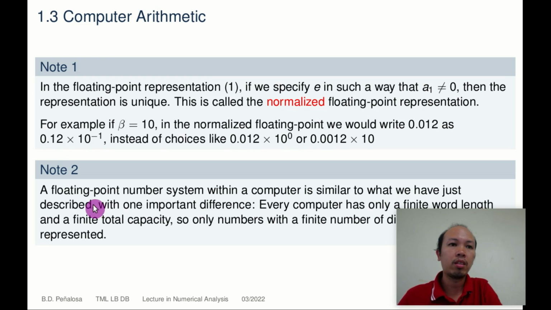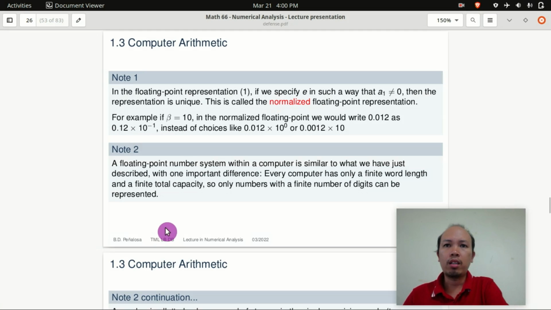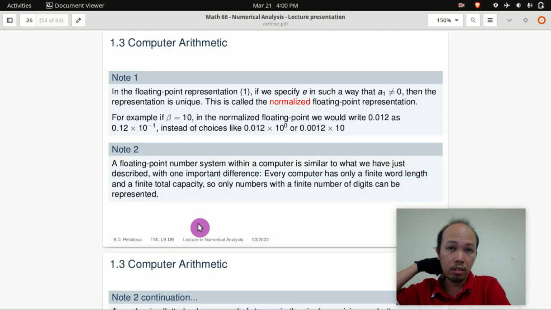Second note is a floating point number system within a computer is similar to what we have just described, with one important difference. Every computer has only a finite word length and a finite total capacity. We know that already, since a computer cannot represent an infinite representation of a given number or a letter.